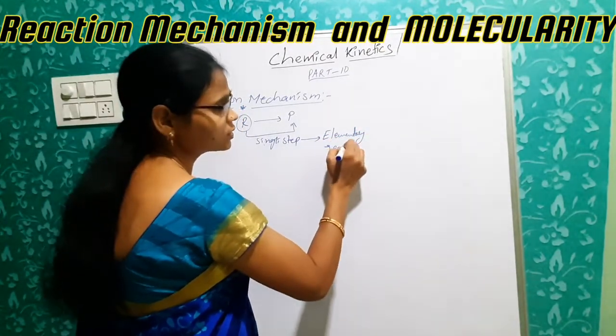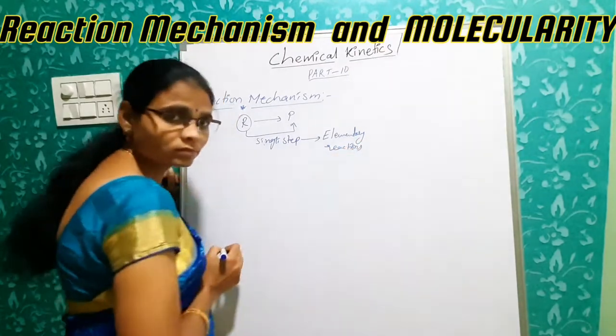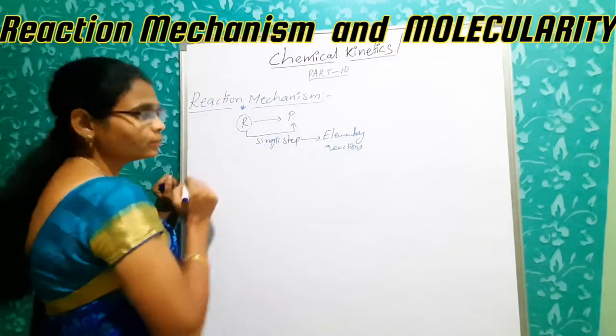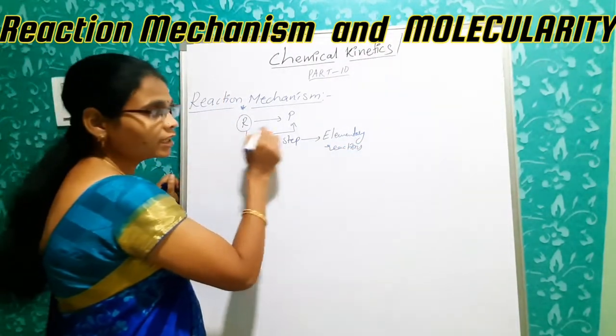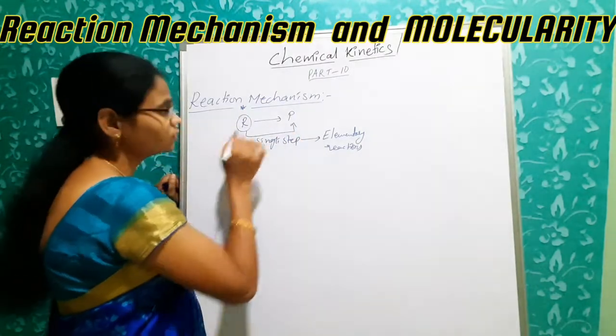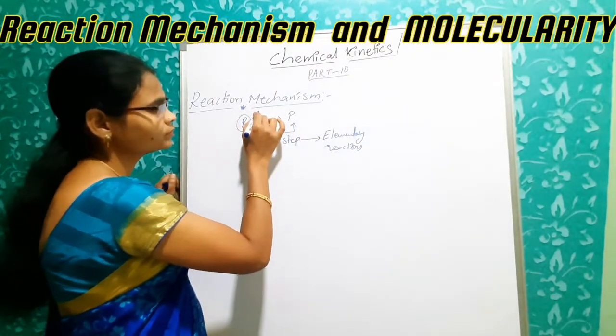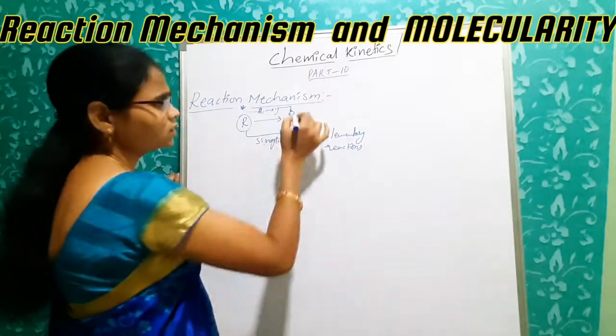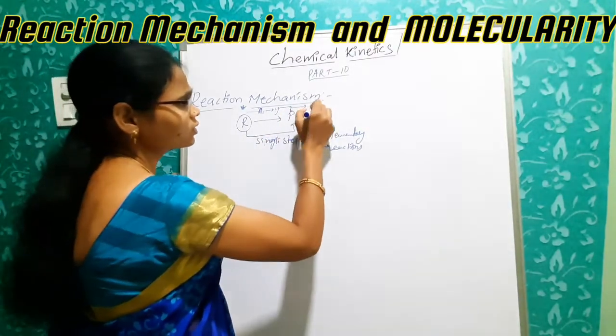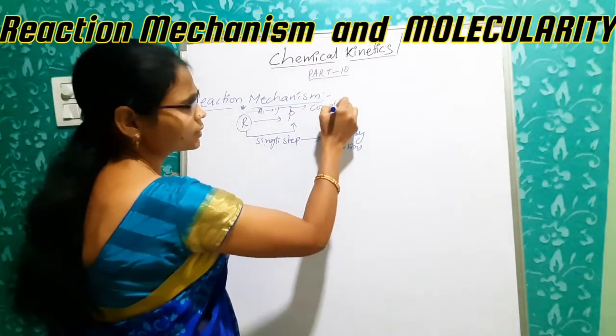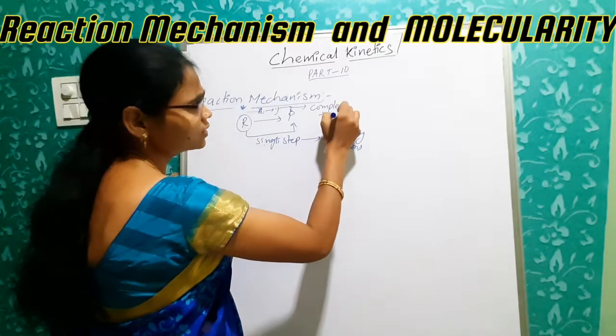Suppose reactants get converted into products through multiple steps. Such types of reactions are called complex reactions.